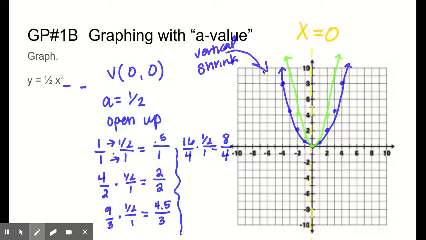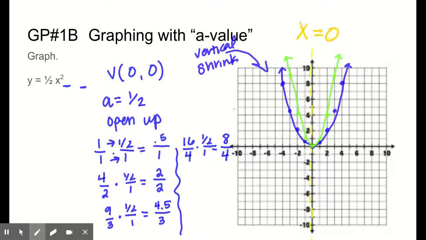Vertical shrink. I know it's kind of weird, but the way to think about it, and I'm going to show you in the next Zoom meeting, is if you take a rubber band and you put it around each of your pointer fingers and you pull up on it, you're stretching the rubber band. And it's making your rubber band more narrow.